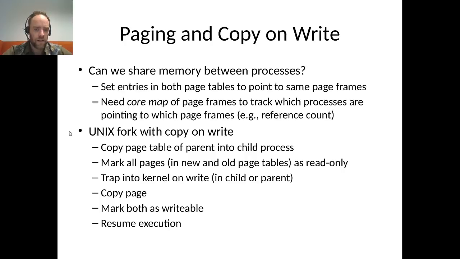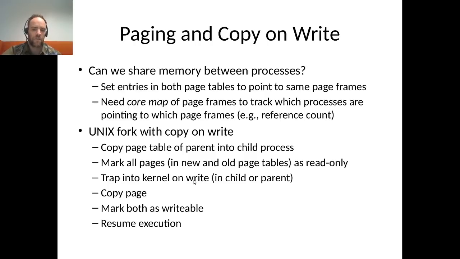What about Unix fork with copy on write, for example? We can do the same thing. We copy the page table of a parent into the child process, similarly as we copied the segment table. We can mark all pages as read-only and then trap into the kernel when one of those tries to write.